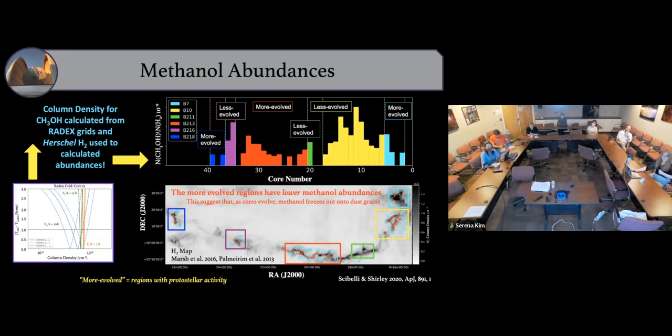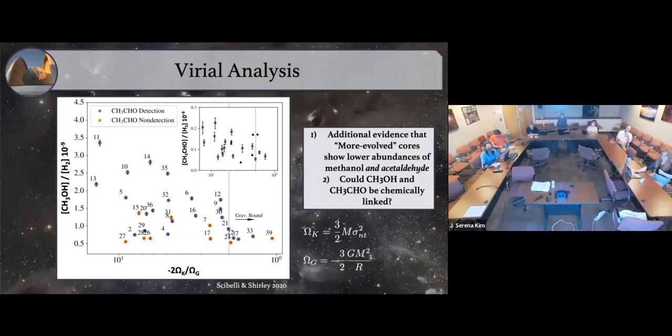And we can also look at this in another way, doing a virial analysis. So this plot shows, again, abundances on the y-axis. The larger plot is for methanol. The subplot is acetaldehyde. And this is the virial parameter on the x-axis, which basically tells you how likely your core is to be gravitationally bound the more towards this side of the plot you go.